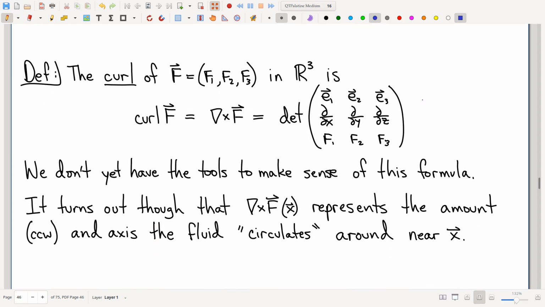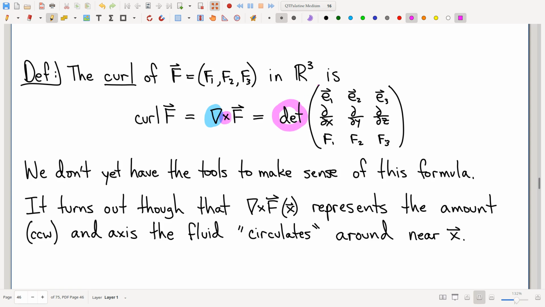Here's another weird new operator that we're going to define that we don't have the tools to make sense out of just yet. So I'm going to make some claims and hope you believe me, and hope those ideas will have a chance to settle over time. So if you take that same del operator, and this time we're going to do a cross product, not a dot product.